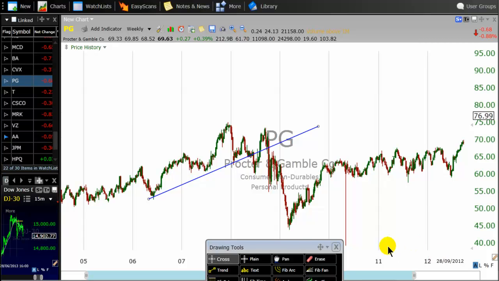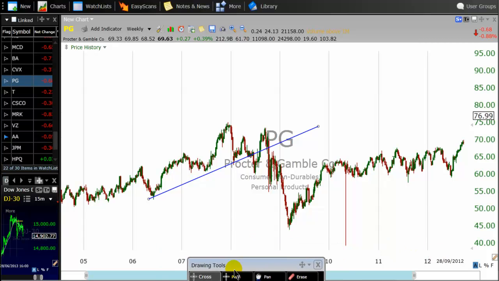Let's get started. We want to talk about the price itself, the number one indicator. One of the mistakes that traders, even experienced traders, are making is that they are trading the indicators instead of trading the price.